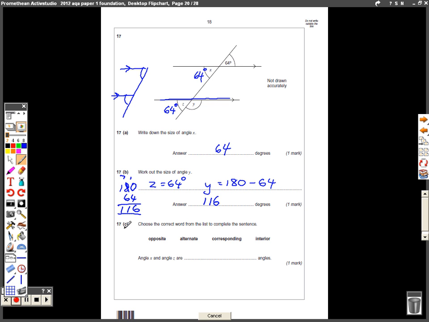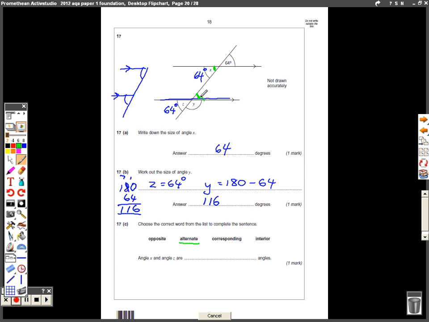So 17c. Choose the correct word from the list to complete the sentence. Now we've got opposite. Well, 64 and x were opposite. We've got alternate, and alternate means this angle here and that angle there.